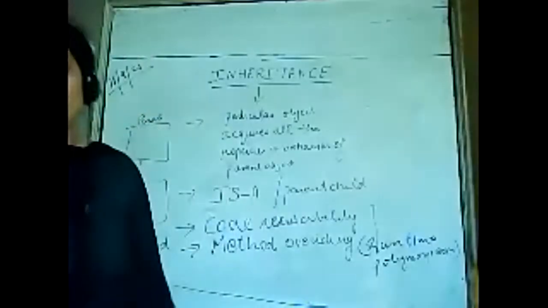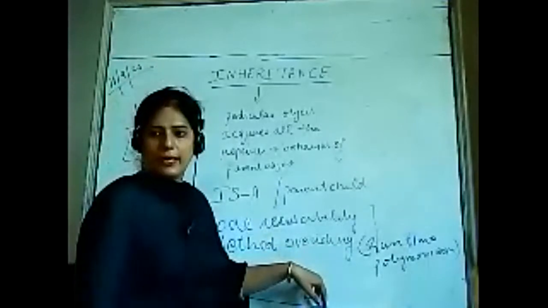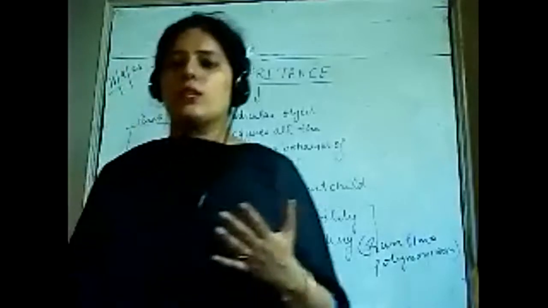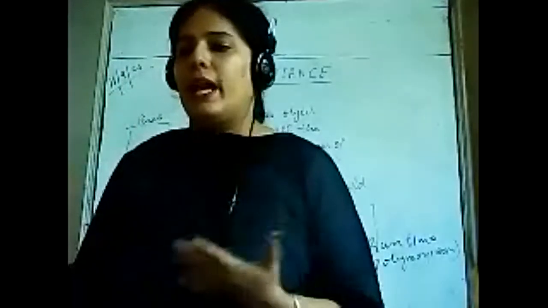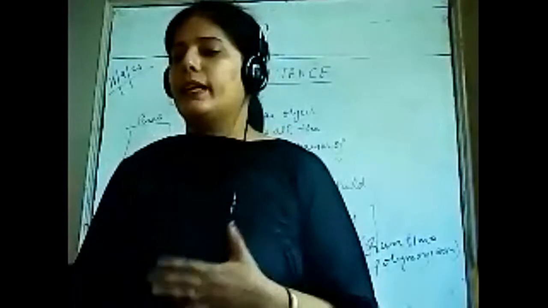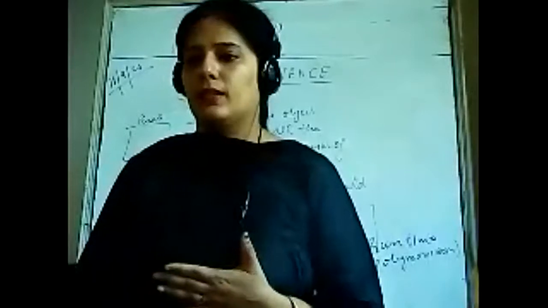For implementing runtime polymorphism we use method overriding, and this can only be used if you are using inheritance in your program, because for method overriding it is necessary that you use the concept of parent-child.